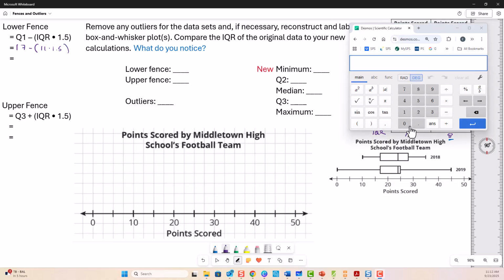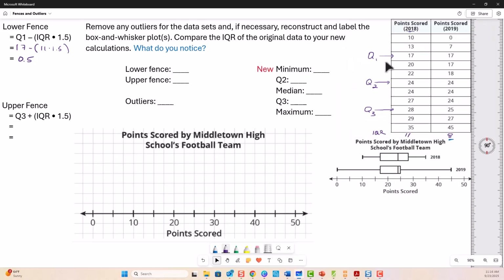Pulling up my calculator here, I have 17 minus, don't lose your parentheses, 11 times 1.5. That gives us here 0.5. So if we look here, we do not have any data points in 2018 that are less than 0.5, so we don't have any outliers on the lower end.